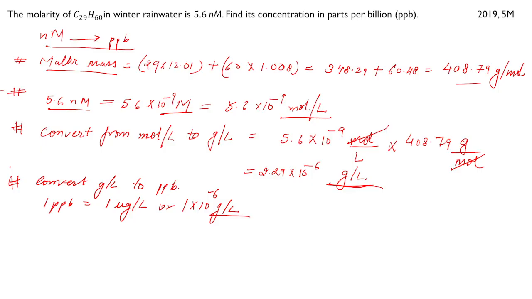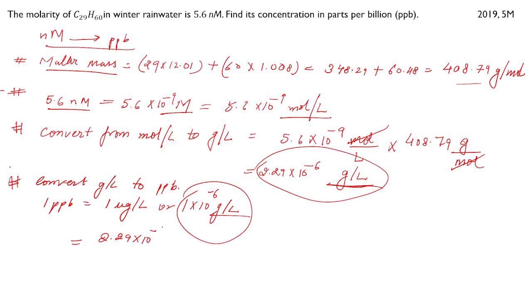So to cancel these units, we need to divide this part by this part. So 2.29 into 10 to the power minus 6 divided by 1 into 10 to the power minus 6 gram per liter, and it is also in gram per liter, multiplied by 1 ppb, because this value is for 1 ppb.